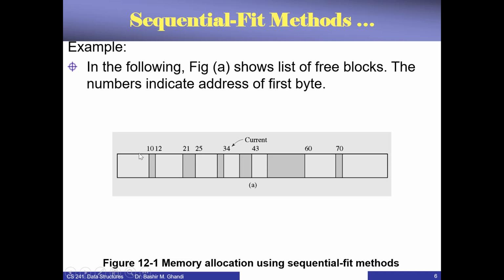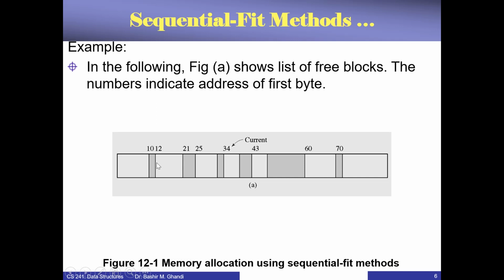So for example, you can see the small one here begins at 10, which means this free block is actually of size 10. This one, on the other hand, starts from 12 and the next one starts at 21.